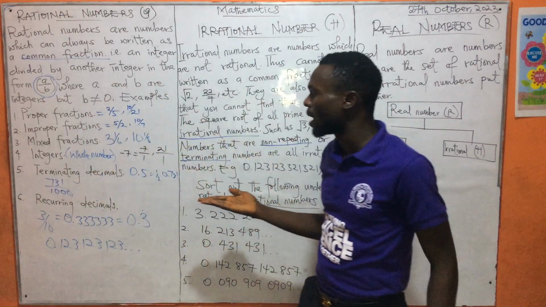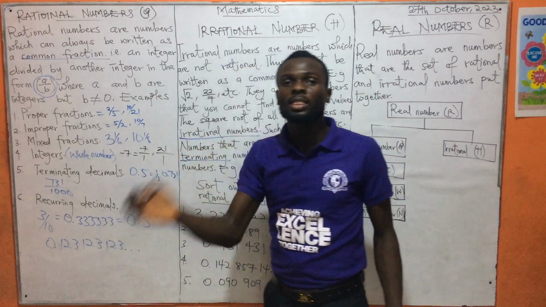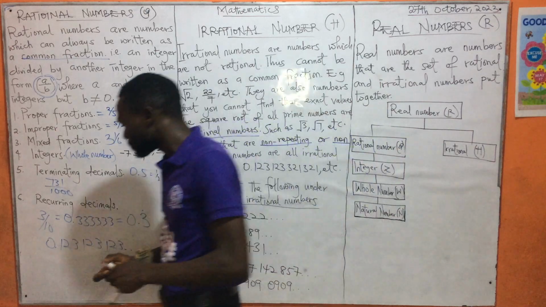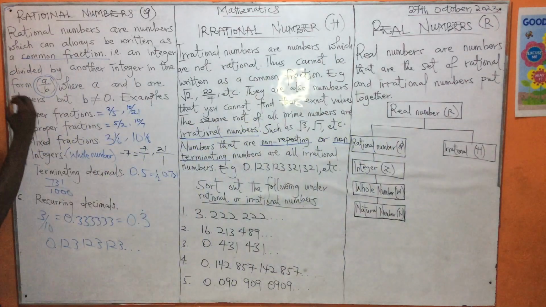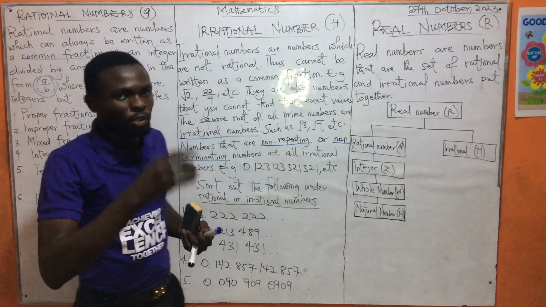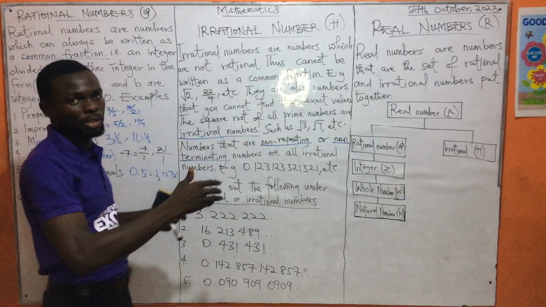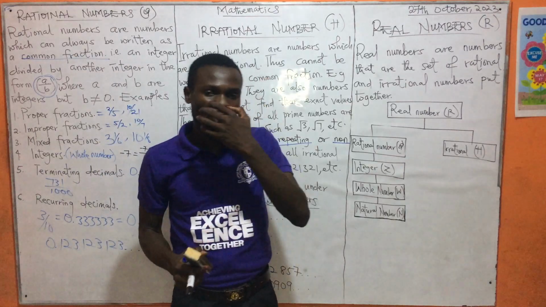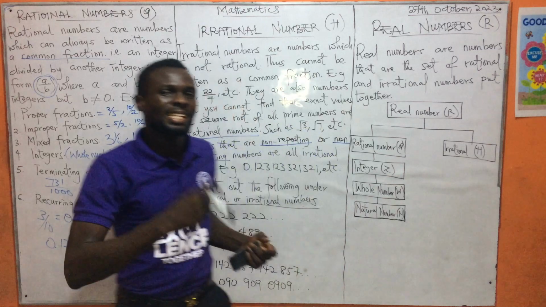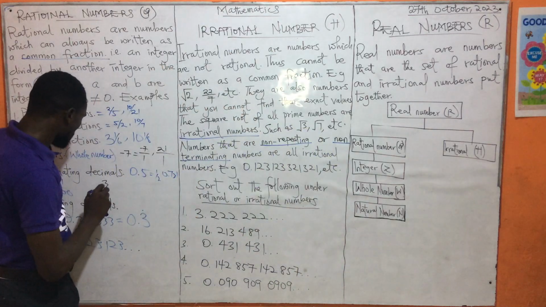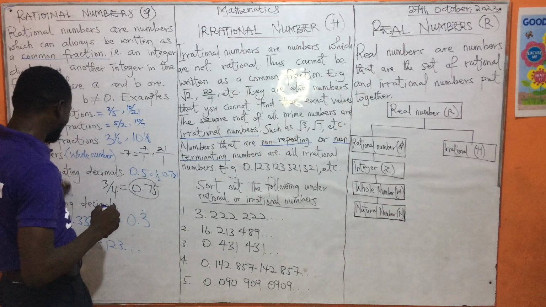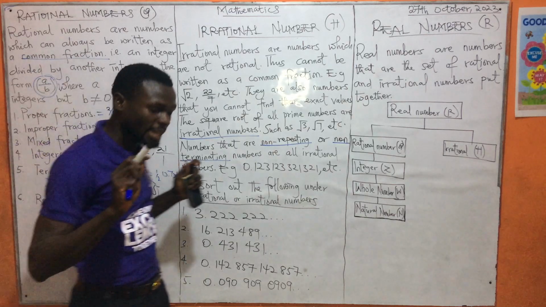But terminating decimals are decimals with an end. So if you take a fraction like 0.75, it has an end. It is 3/4. If you change 3/4 into decimals, you get 0.75. This is a terminating decimal. It has an end.